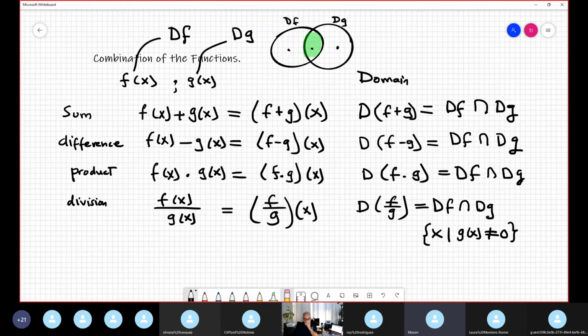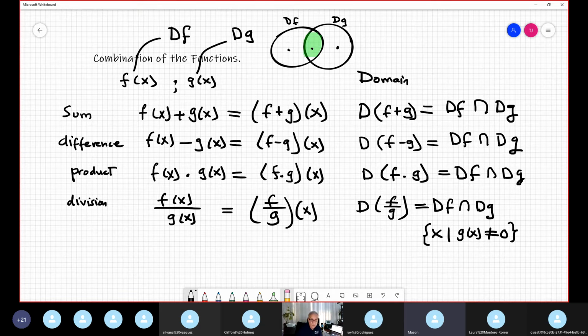So you need to identify any value for which the denominator is zero. Division by zero is totally illegal, so no good.